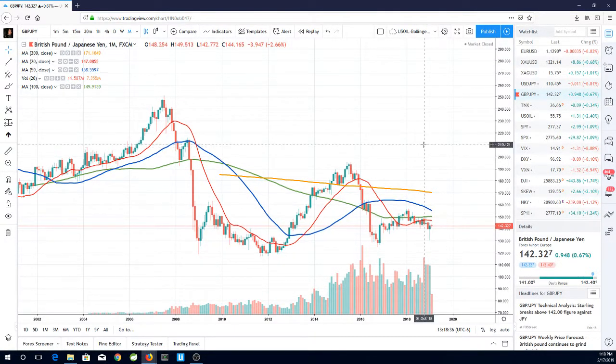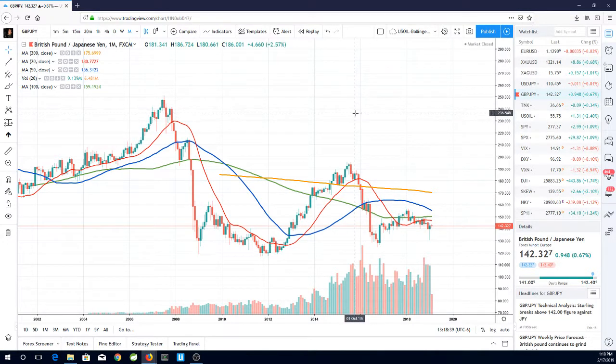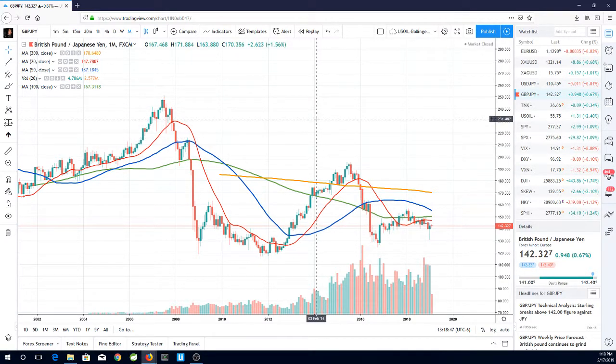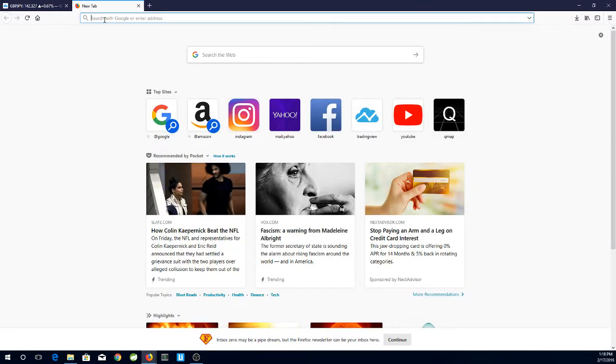I'm a big believer in chart patterns. I don't necessarily use them a lot, but I sometimes will, just to give me some confirmation as to where I think the price is going. One of my favorite chart patterns, if you go to the pattern site, this is a good site by the way.